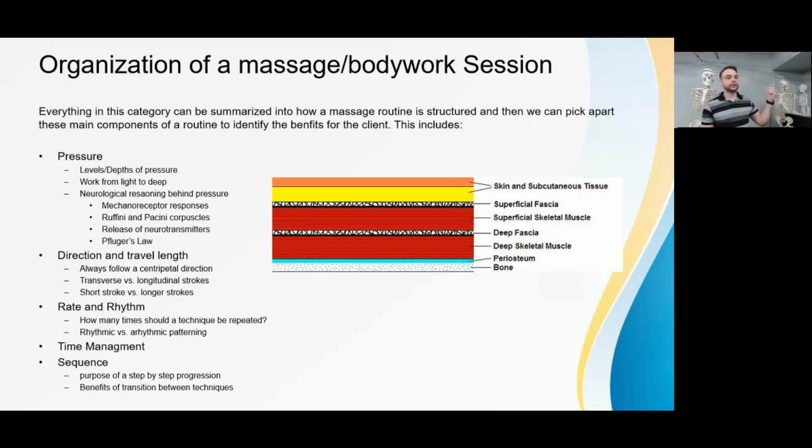And then, of course, these various receptors, namely right here, the Ruffini and the Pacini corpuscles, as well as others, are very superficial receptors. They're usually found within the skin and respond to deep stretch, sustained pressure, and various other things.